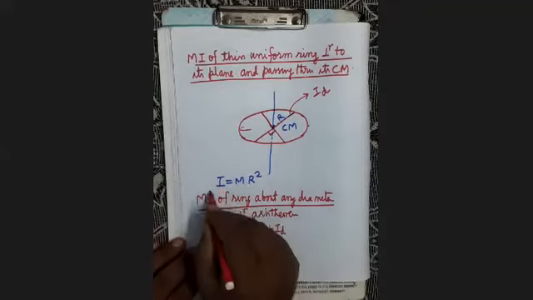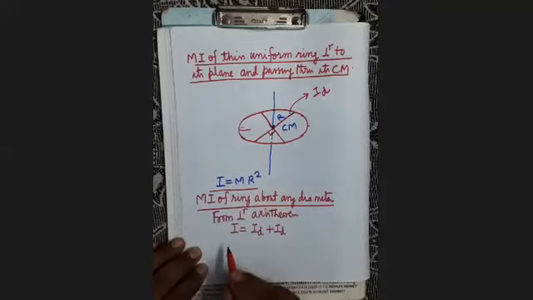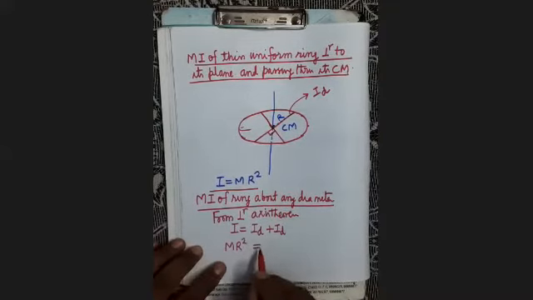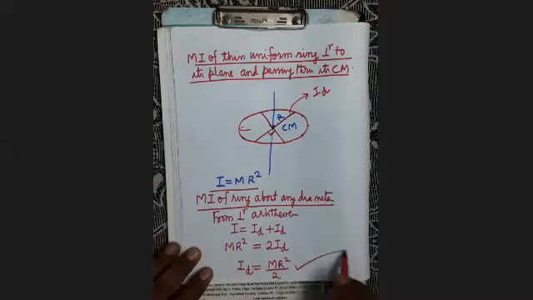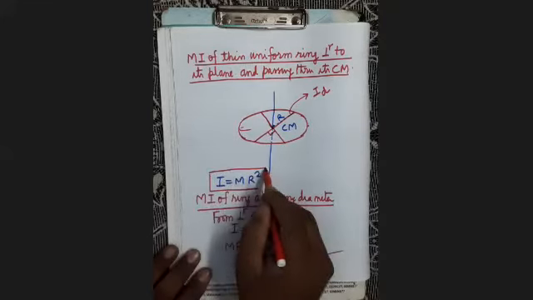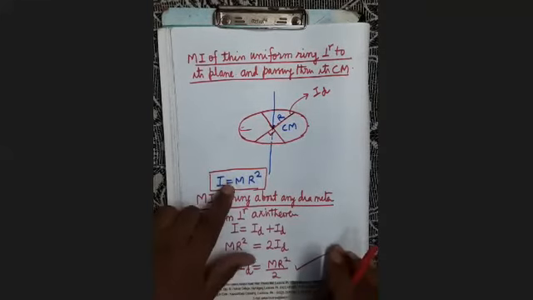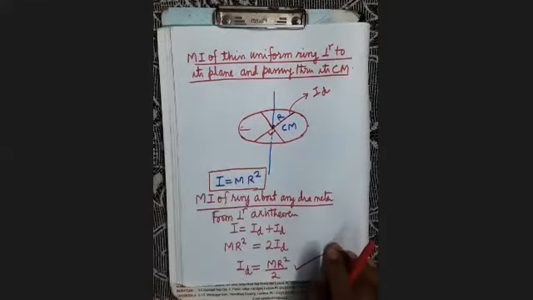But I, you know, is m r square. So it will be equal to m r square equals 2 I_d. So what will be I_d? This is the moment of inertia of the ring about a diameter, and this is the moment of inertia of the ring about a perpendicular axis through its center of mass.